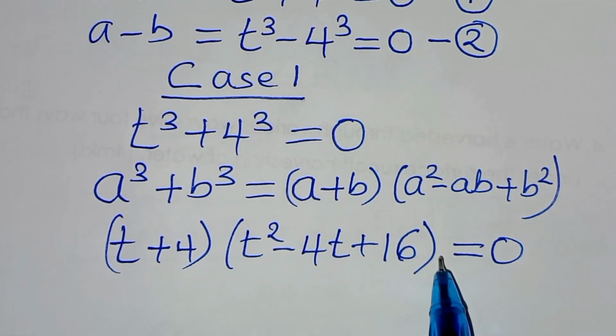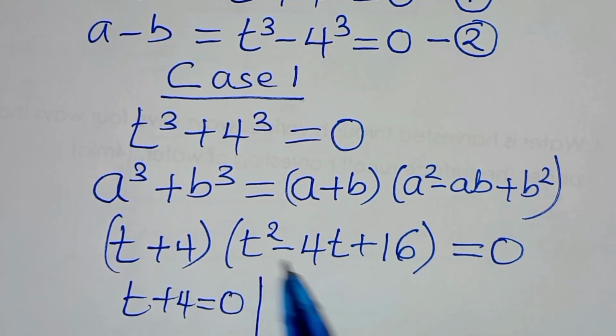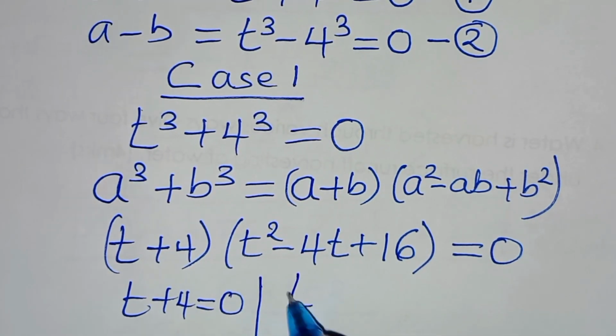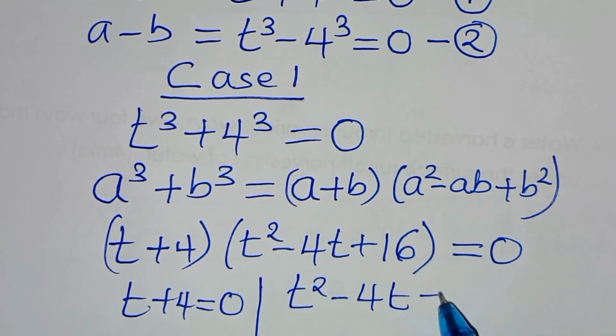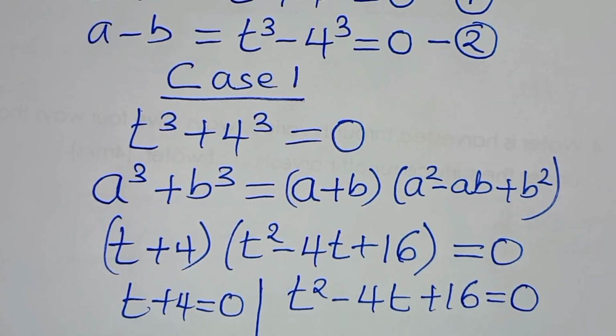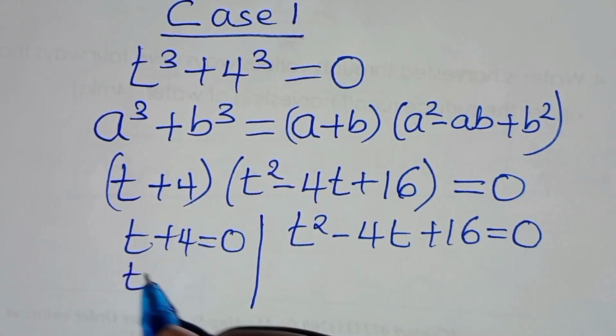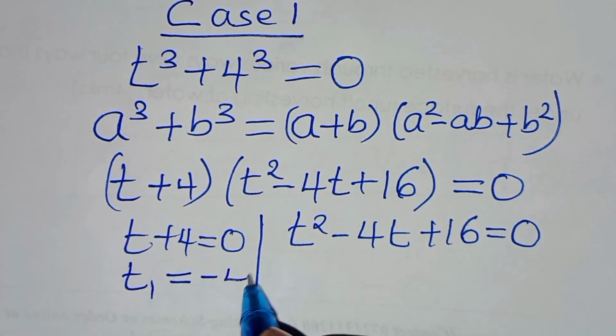So here we have two parts. The first part is t plus 4 equal to 0. The second part here is t to the power 2 minus 4t plus 16 equal to 0. So this implies here that t1 is equal to minus 4.